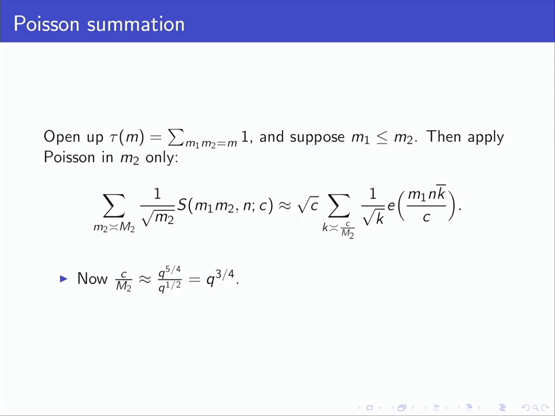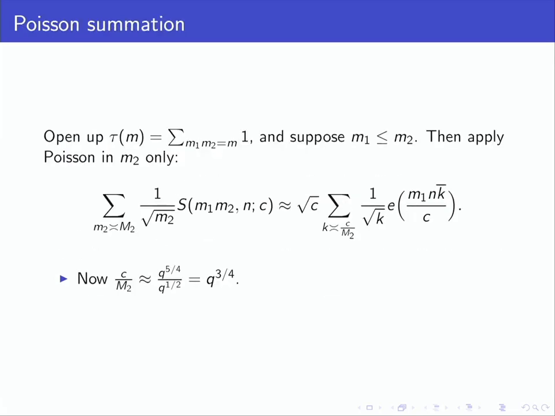I'll try to keep reminding you. I had to make a chart just to keep track when writing this. But OK, so m1 times m2 went up to Q. And so the worst case is when they're roughly equal. And then that means m2 is like square root of Q. So now the sum has length Q to the 3/4 instead of Q to the 1/2. So it's worse than before.